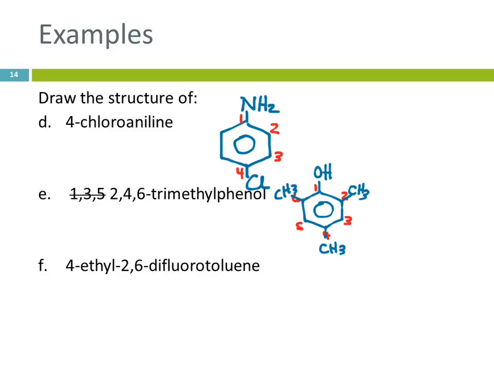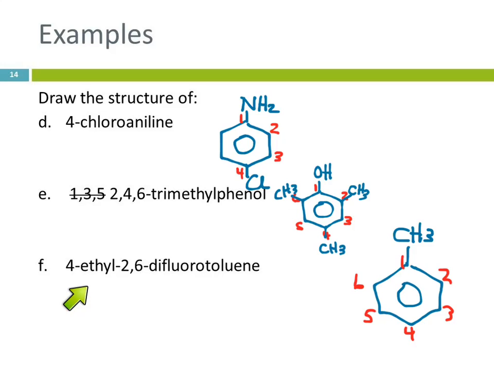Okay, let's look at letter F. 4-ethyl-2,6-difluorotoluene. Well, what's toluene? CH3. I'll bring it over here. So there's toluene. That's 1, 2, 3, 4, 5, 6. And notice the order here.